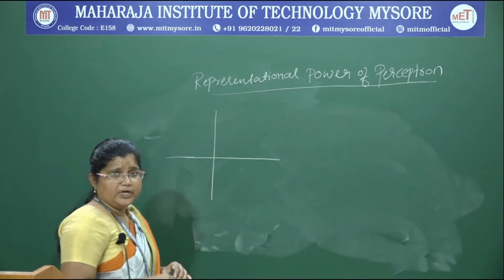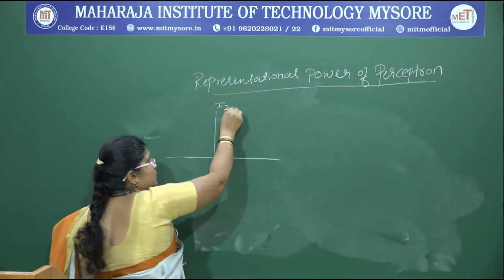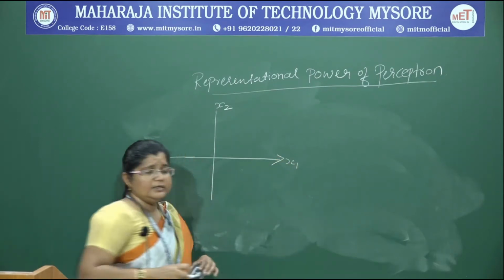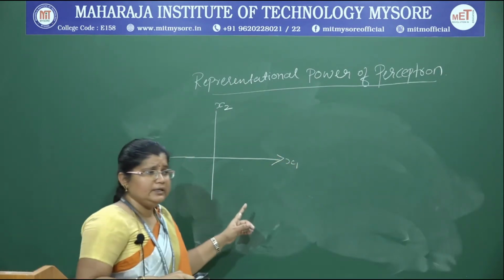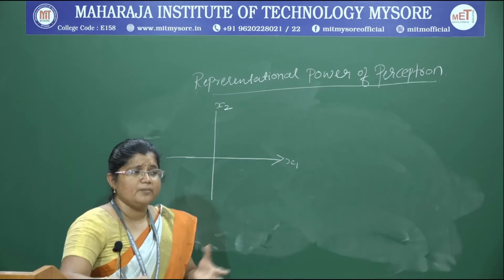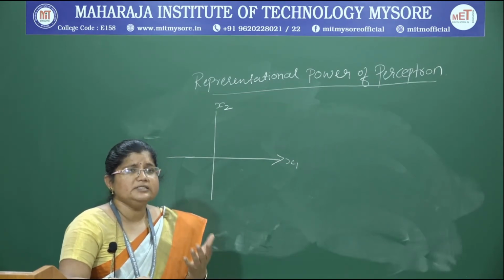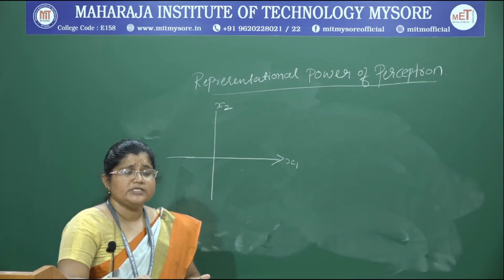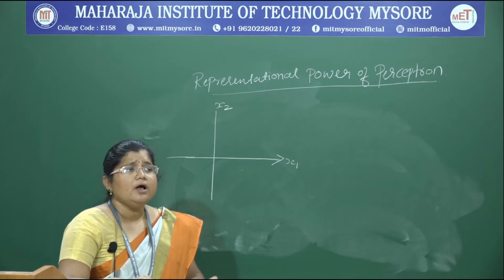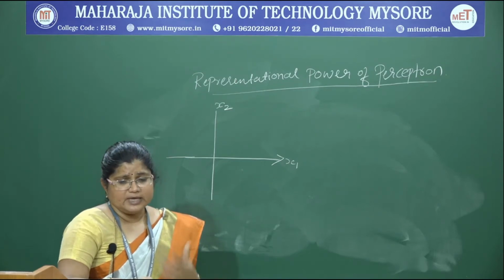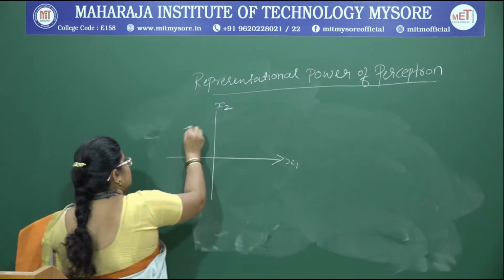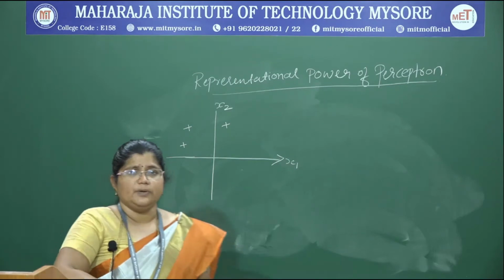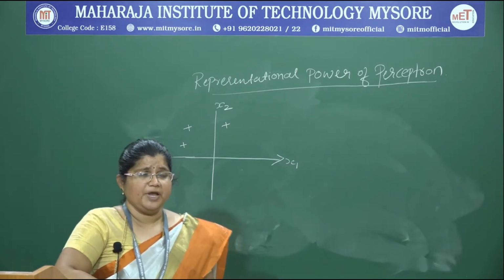Let us consider two inputs, x2 and x1, and in this hyperplane we are going to come across multiple instances or training examples. Those training examples can be positive or negative. These are the positive training examples which lie on this hyperplane in n-dimensional space.